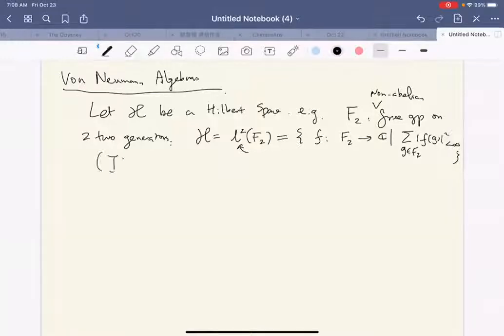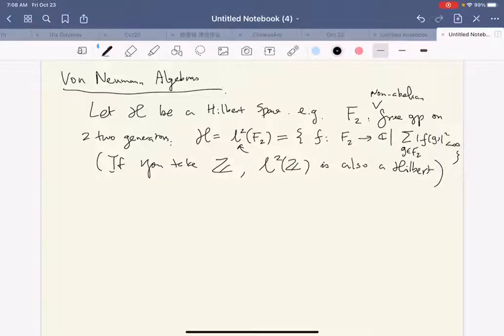If you take Z, so if you have just one word, that will generate the set of integers. Little L2 of Z is also a Hilbert space. No problem with that, but the structure is not so good.